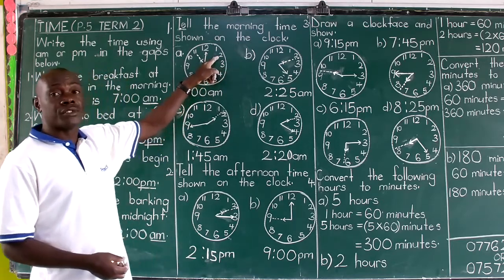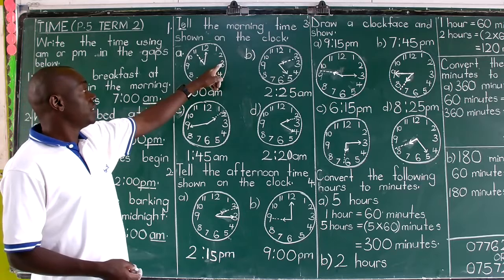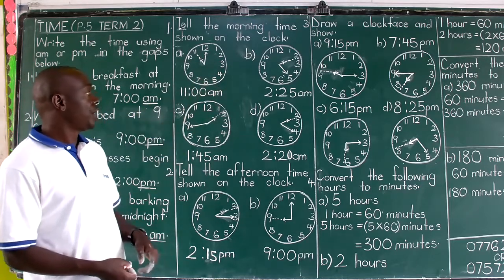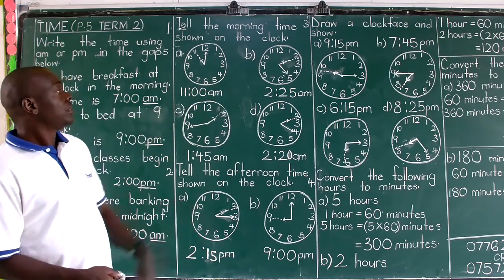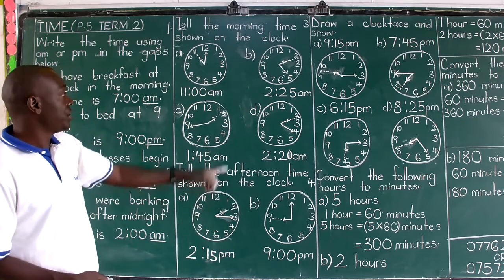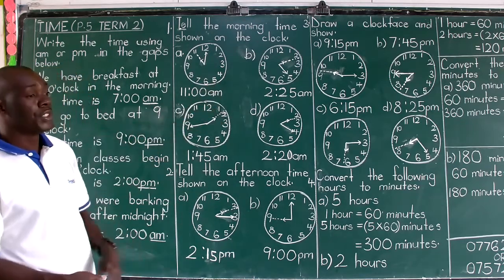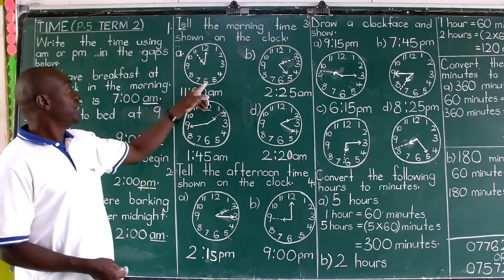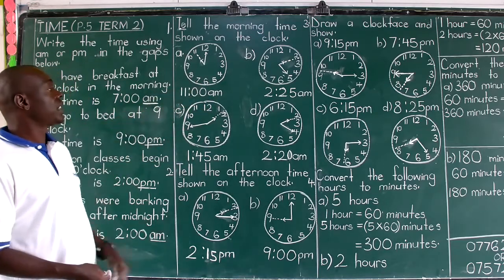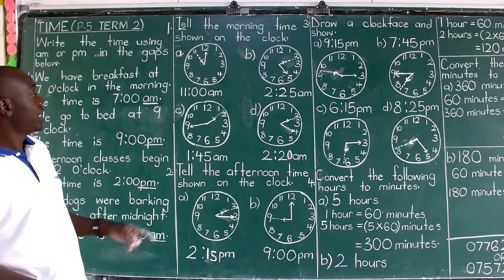2 times 5, and you get 10. 3, you just know that's 3 times 5, and you get 15. And 4 times 5, so you just know that is 20. 5 times 5, you get 25. 6 times 5, you get 30. 7 times 5, so you get 35.